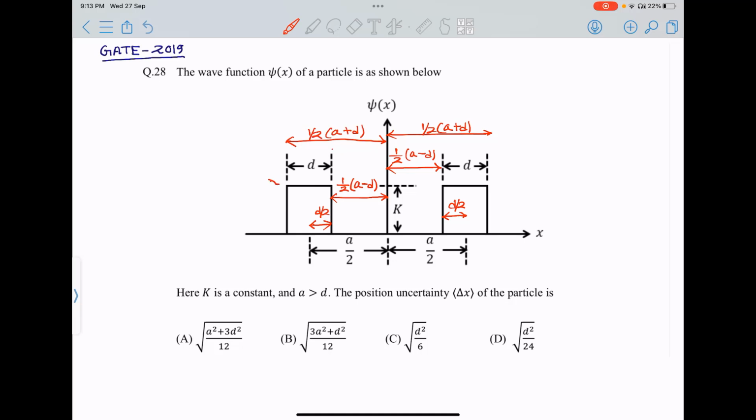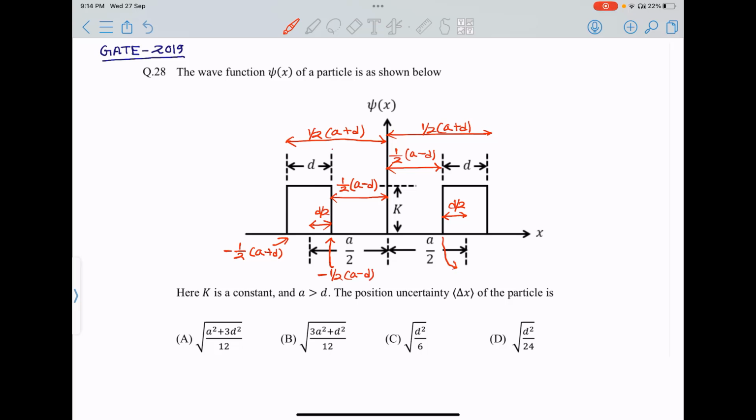So the coordinate of this point is minus half of a plus d, whereas the coordinate of this point is minus half of a minus d.